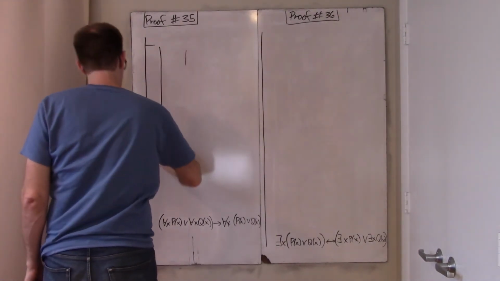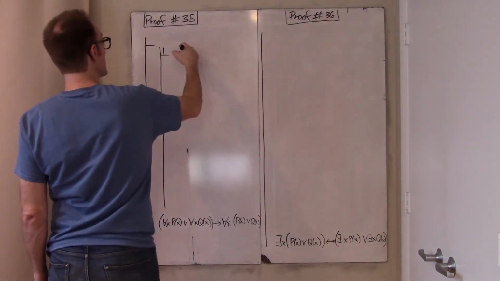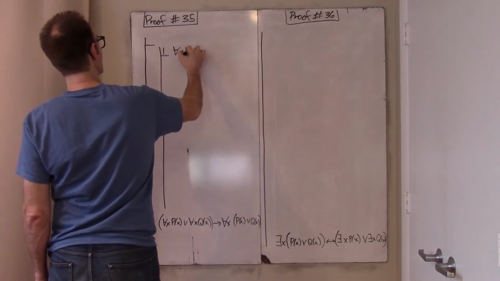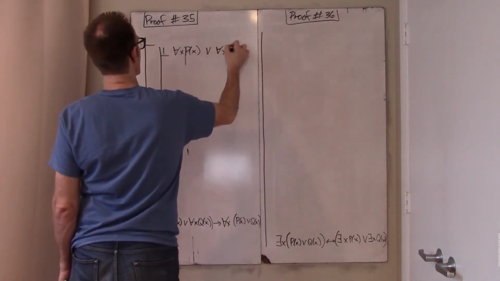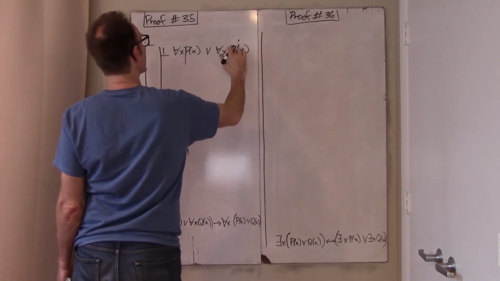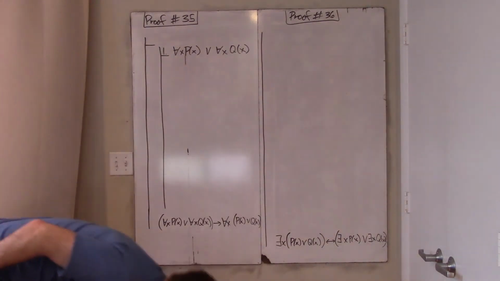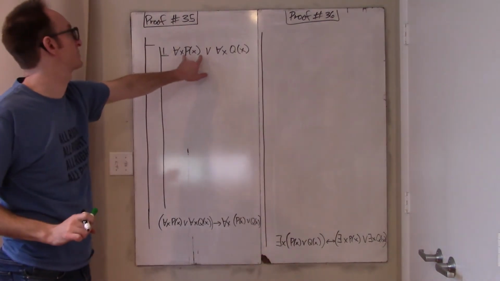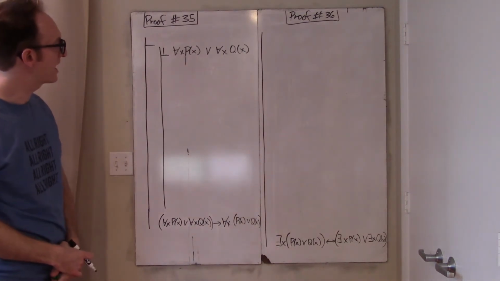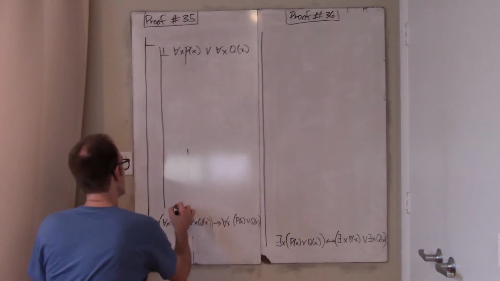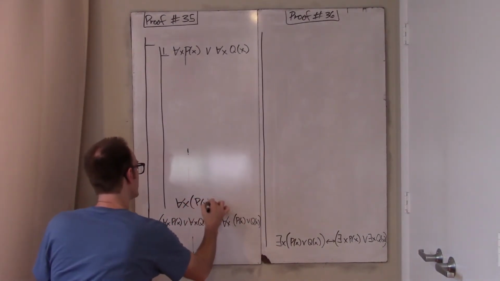Up here in line 1, we're going to assume the antecedent, which is that everyone has property P or everyone has property Q. You're seeing that I'm using parentheses kind of like when I feel like it. In a technical sense, I should probably put parentheses around the P, but I don't feel like it because it's unambiguous. And I'm concluding down here that everyone has property P or Q.